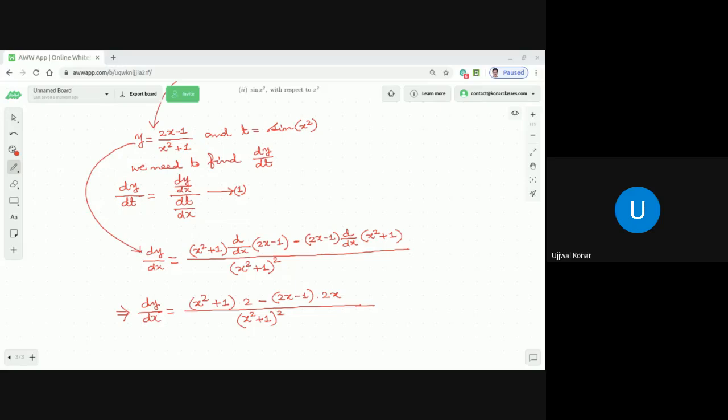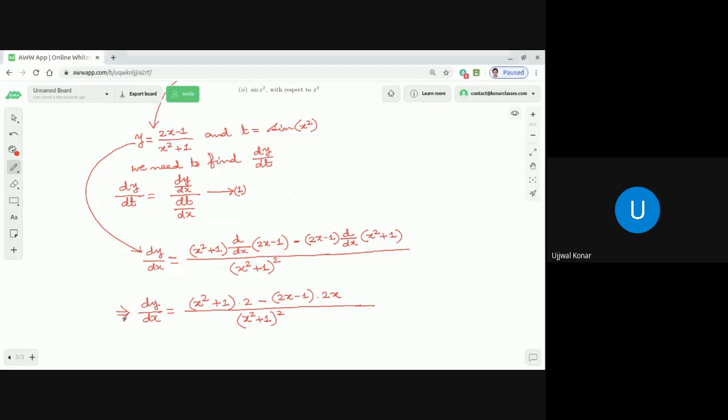Absolutely clear, dear students. Okay. Now if you simplify, in the numerator you will get 2 plus 2x minus 2x square. Correct or not?